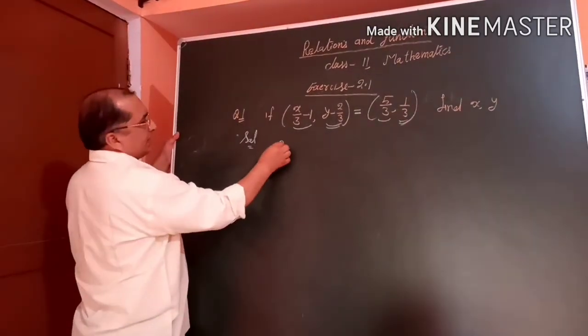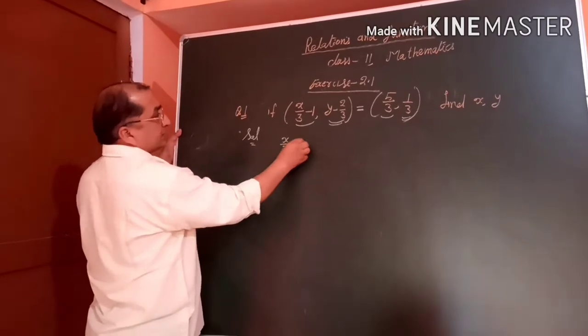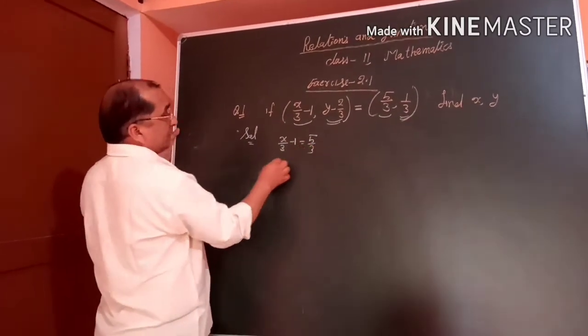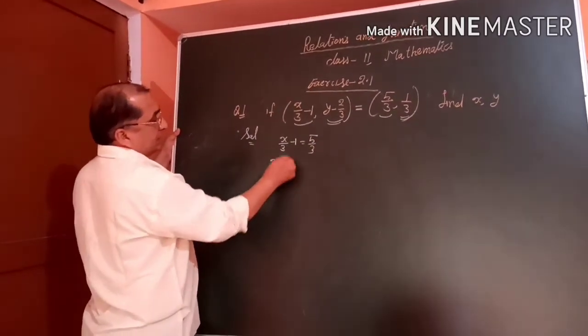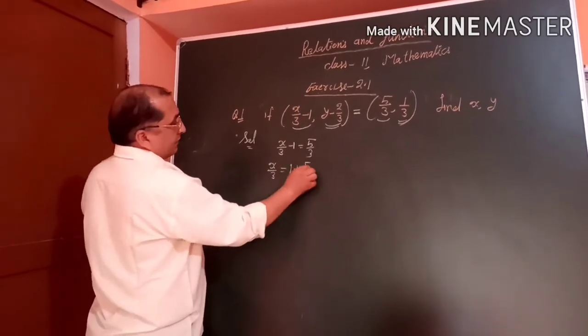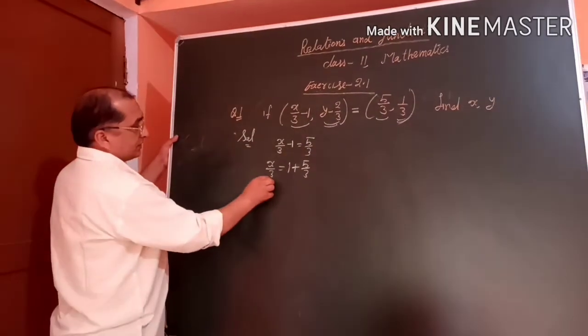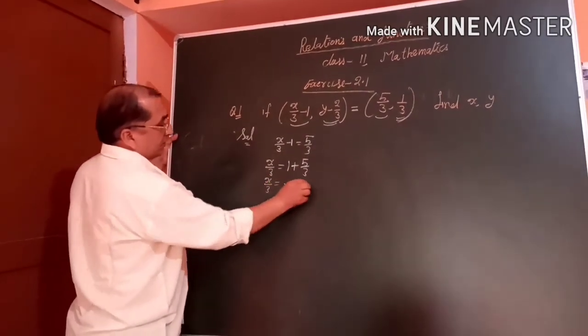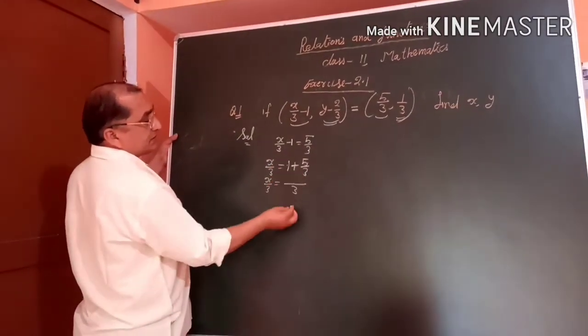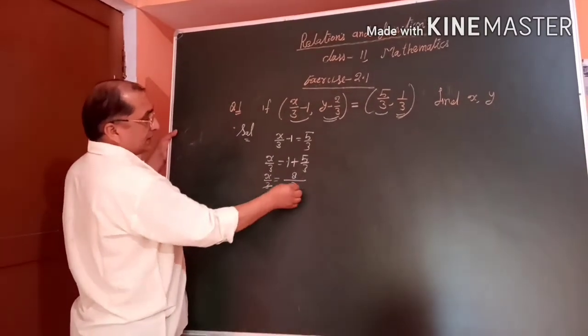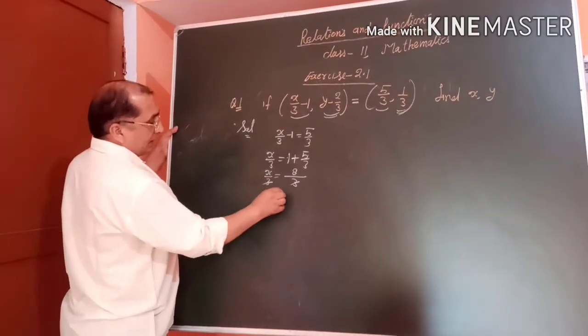We can solve it this way: x upon 3 minus 1 equal to 5 upon 3. So x upon 3 equal to 1 plus 5 upon 3, as minus 1 goes to the right hand side. So x upon 3 equal to (3 plus 5) upon 3, equal to 8 upon 3. The 3s cancel, so x equal to 8.